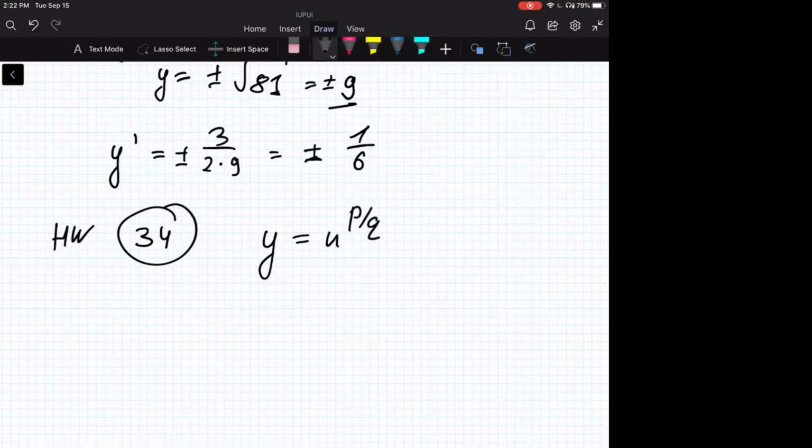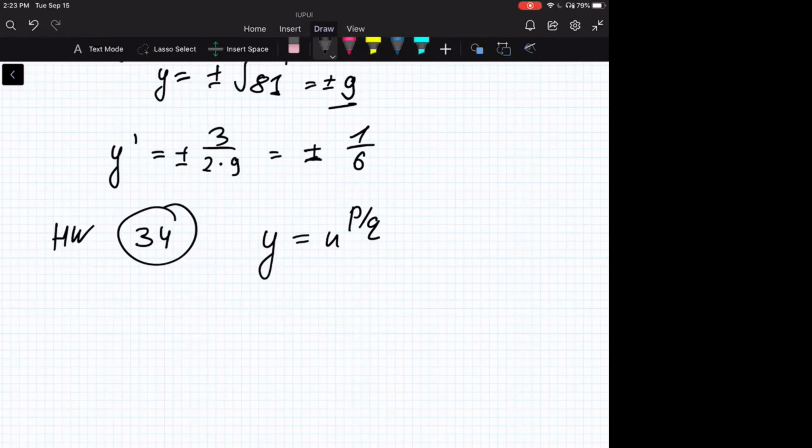Remember, we discussed that it's easy to obtain the power rule when n is an integer, but it turns out that it's true for all rational numbers. That means that n is equal to some ratio of p and q, where p and q are integers.